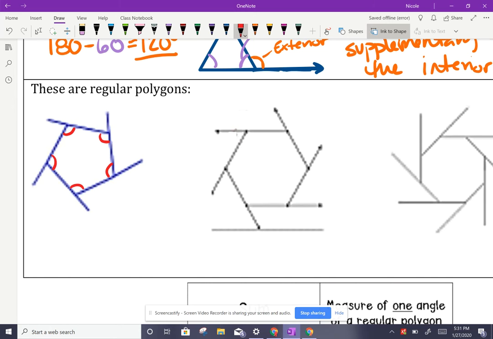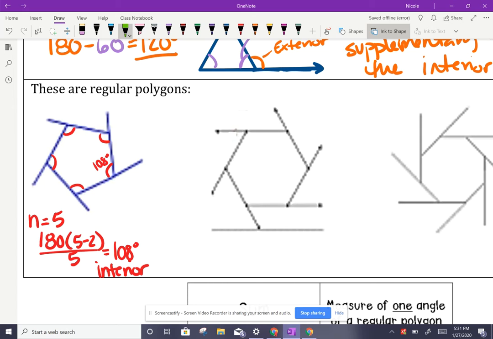And we said this one interior angle of a pentagon using our formula, 180 times 5 minus 2 over 5 gives us 108 degrees for the interior. So this is 108 degrees.